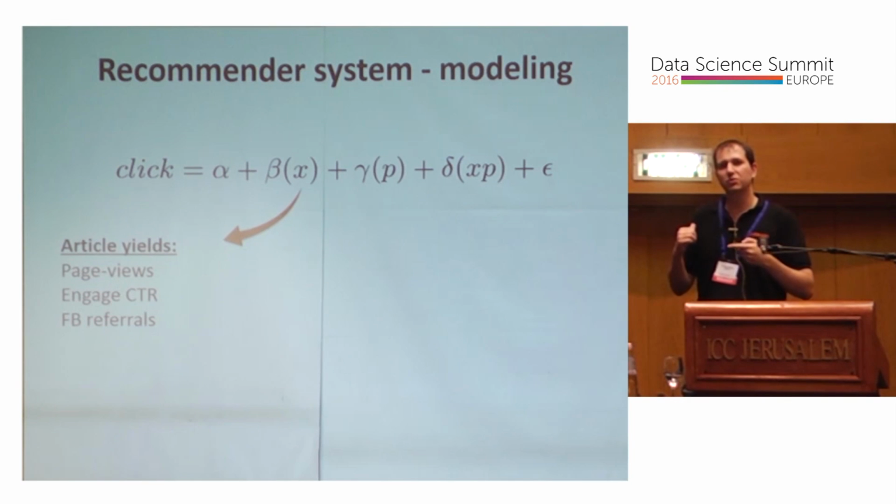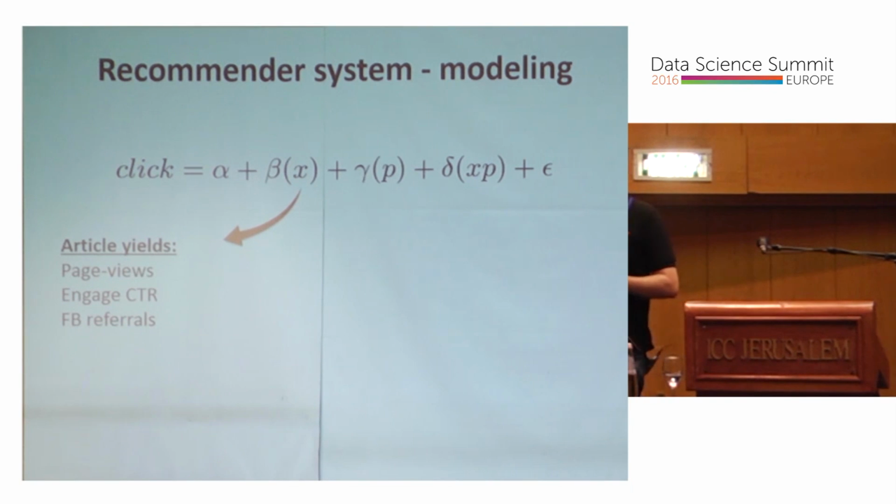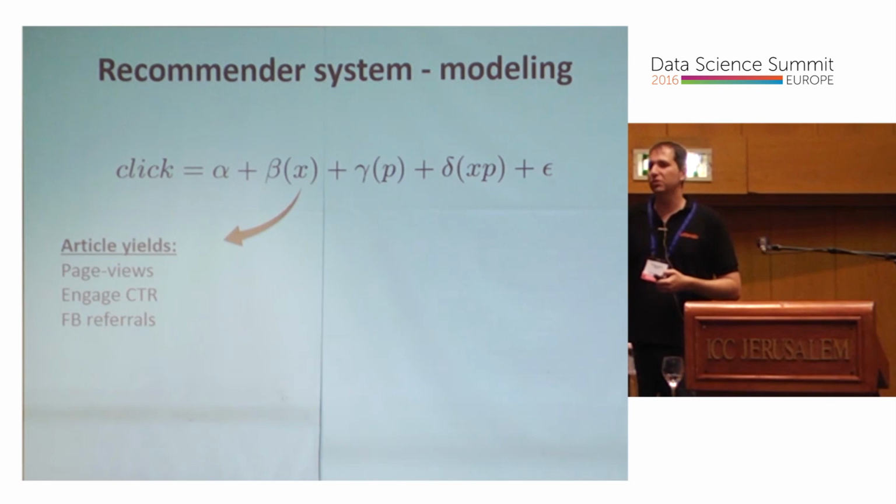But if a different user has shared that link, I don't know that. So we use Facebook referrals as a proxy for Facebook shares, but the good news is that we do have data on some articles about the Facebook share rates, and you see that the correlation is very high. It's about 0.82. So if you don't have access to the Facebook API, or if you can't use it in real time, but you do have Facebook referrals, that's a very good proxy to use.